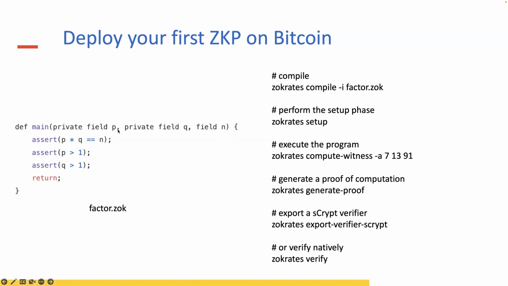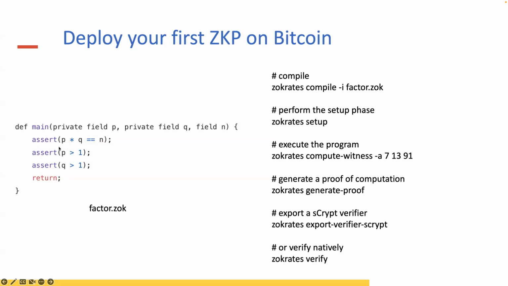And if you declare private, it's going to be secret. It's going to be part of the so-called witness. So it's pretty readable: I know there are two secrets, and if you multiply them together, it's going to be this public number n, but I'm not telling you these two numbers.